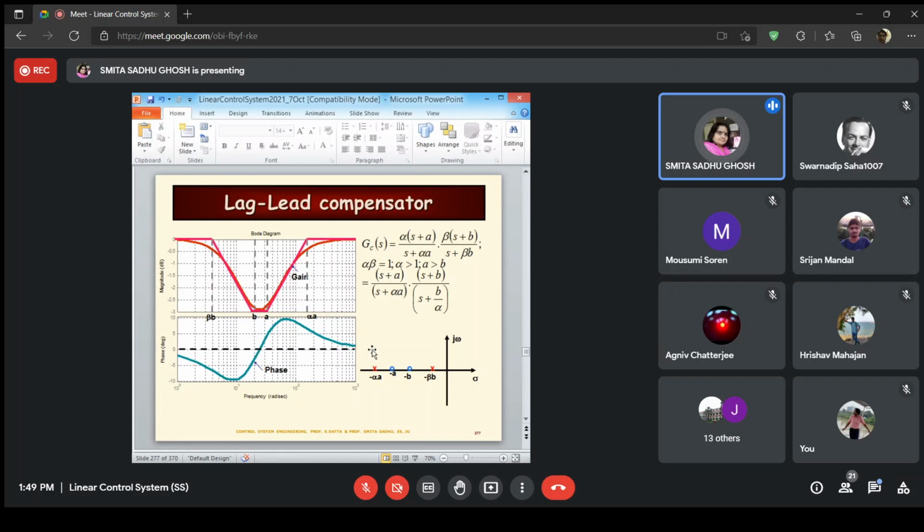Something that I wanted to tell you regarding this before going further is that basically this compensator is known as a lag lead compensator. So the name actually comes from the fact that the lag comes prior to the lead. Prior means at a lower frequency, it starts with a lag portion, and then at higher frequency, it goes to the lead.